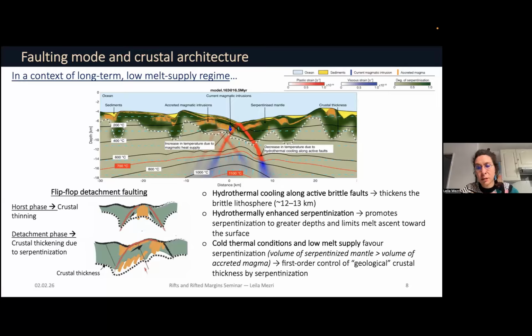Well, I guess here in this environment we have a very low volume of melt, and it is more dominated by alteration. On top of that, within at least 2 to 3 kilometers there is a lot of hydrothermal circulation coming up and everything is altered.